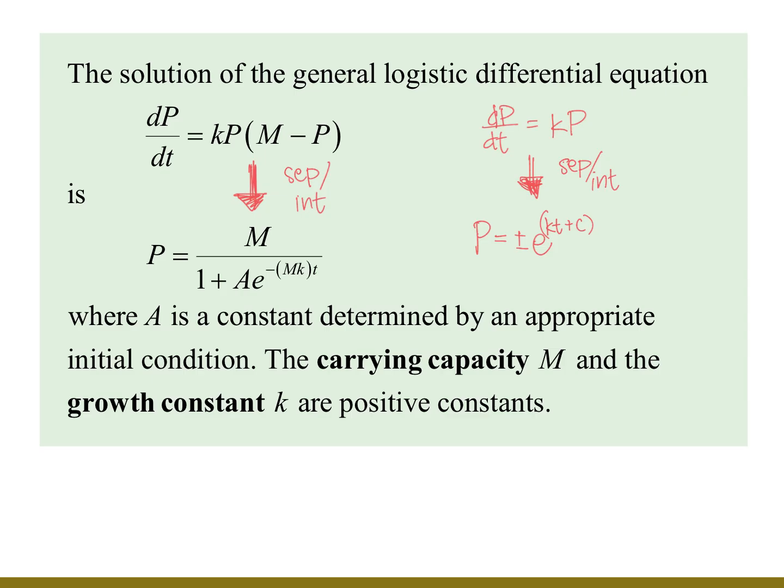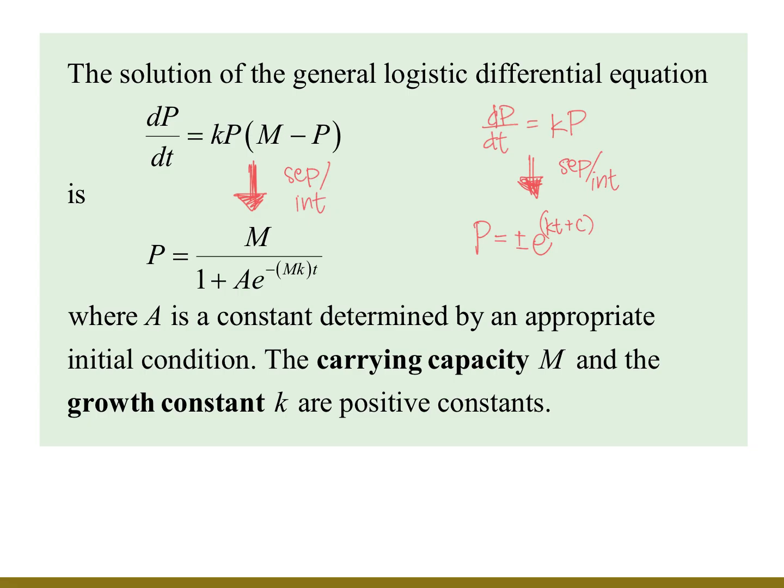The other one, separate and integrate, requires partial fractions. We're not going to go through all of that. But the result is going to be this: P equals M on the top over 1 plus A, which is a constant. It's not the plus C constant. It's a different constant, but it comes from the initial condition. And then MKT is the power on e.